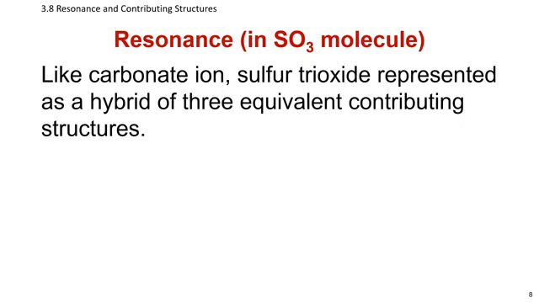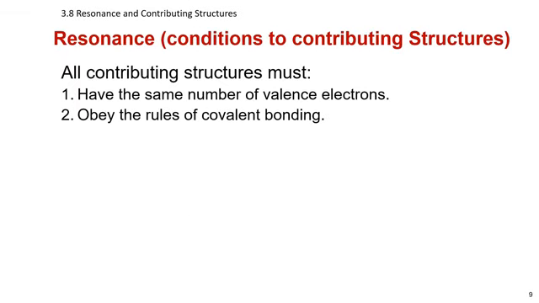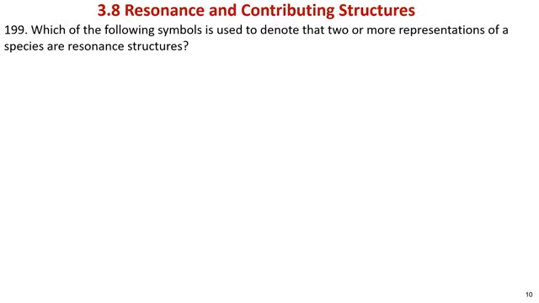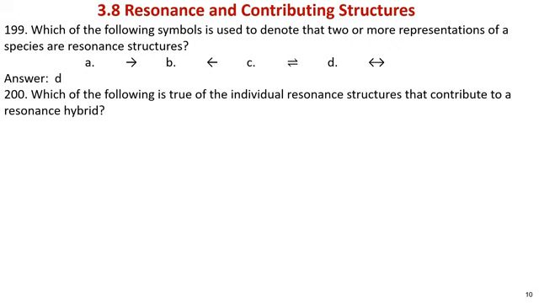Now answer the question. Which of the following symbols is used to denote more than one representation of a structure, or resonance structures? Double-sided arrow is D. Which of the following is the group of individual resonance structures that contribute to the resonance hybrid?